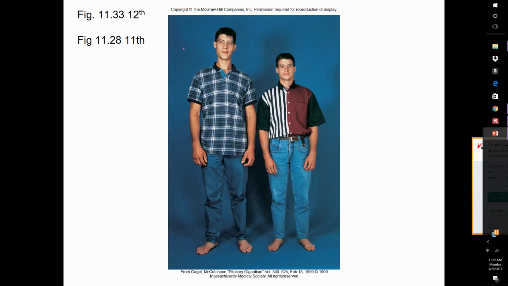Now, you may think it's a really cool thing to be extra tall, and it's actually not. He probably also has blood glucose levels that are too high. He probably has type 2 diabetes, and people with gigantism tend to die of heart failure. So it's actually not fun being tall.